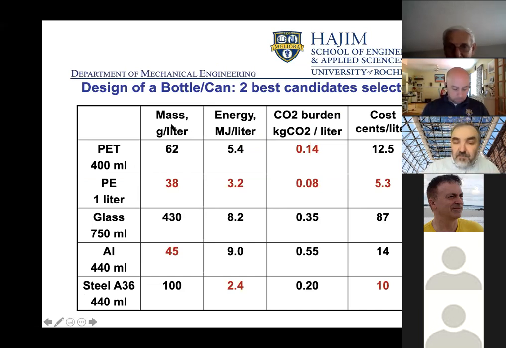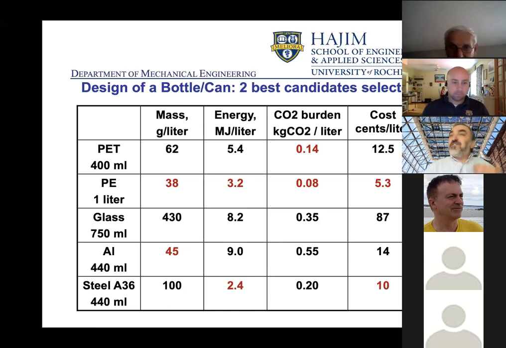For example, in terms of how much my material is actually going to weigh, if I use polyethylene, essentially the milk jug container, this is a very light structure, and so is the aluminum structure. On the other hand, if I look at how much energy I need to consume to make that container, PE has a very low energy cost, but aluminum is an energy hog.